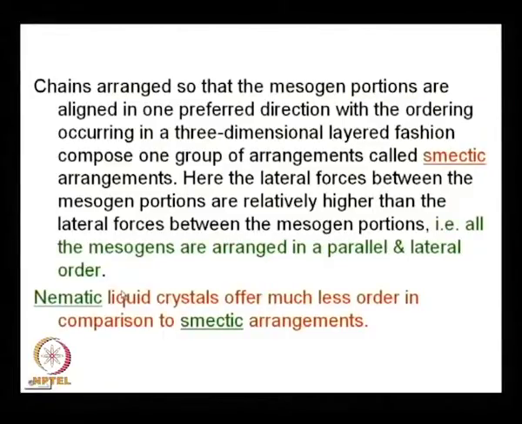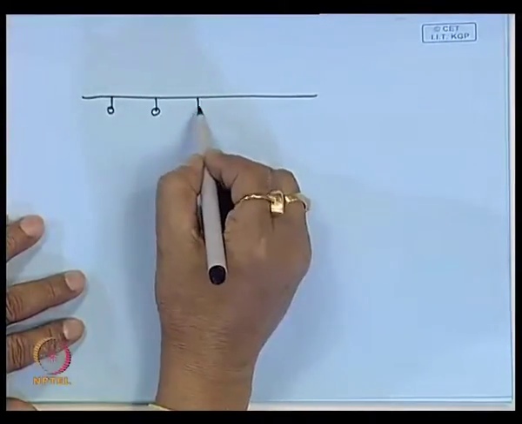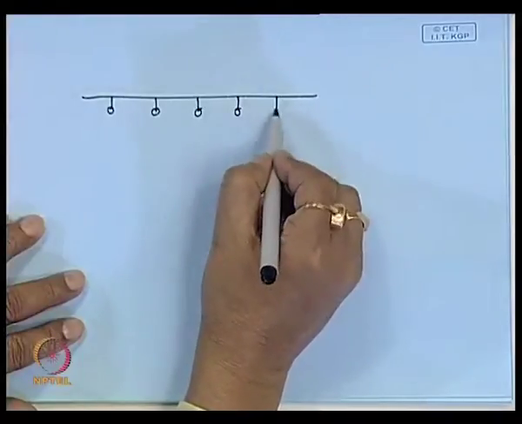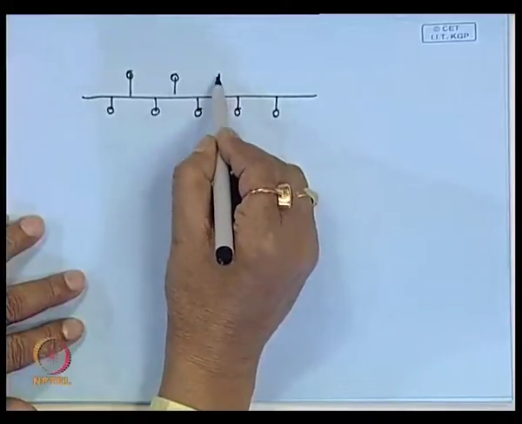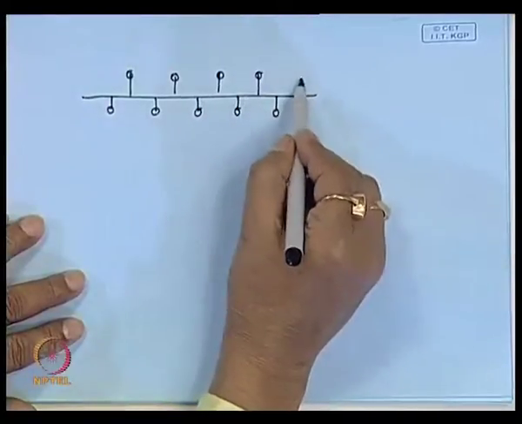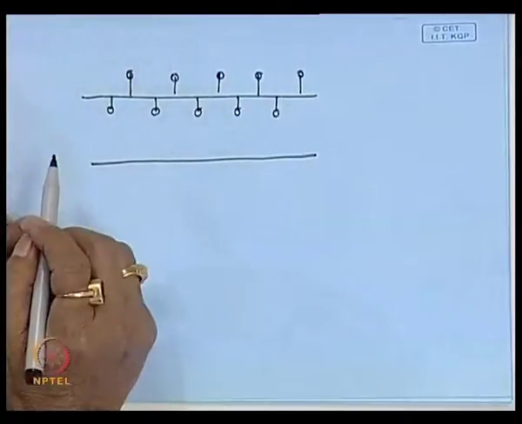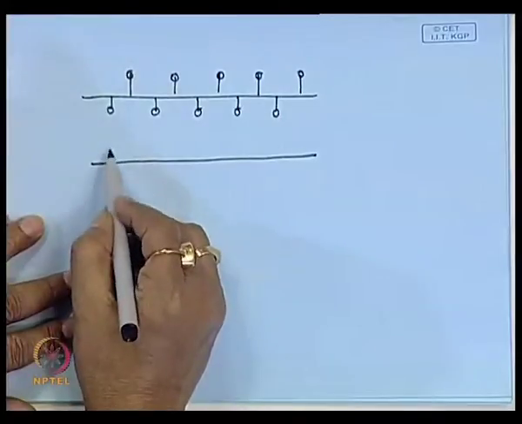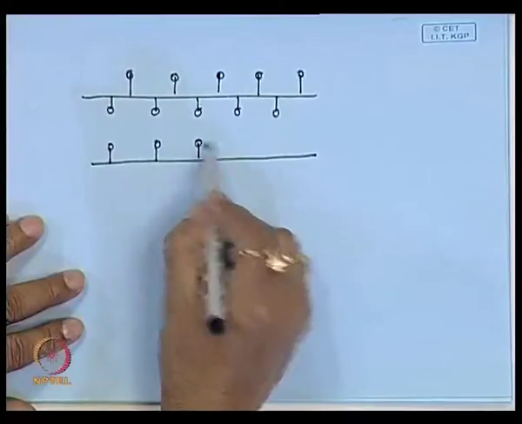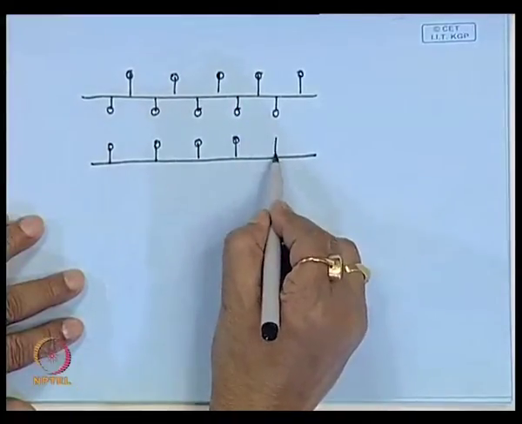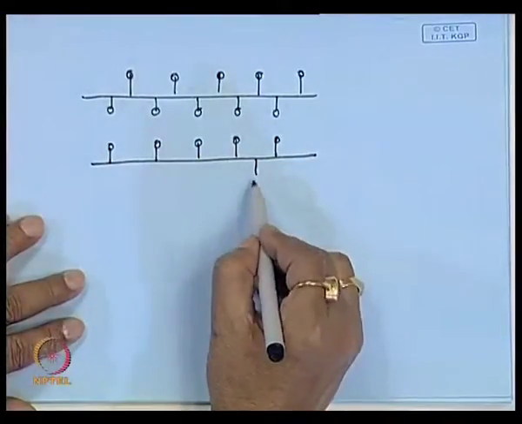If you think of this configuration where mesogens are placed like this, you can have another molecule by its side, where you can have an arrangement like this. These are mesogens, the small spheres are mesogens.